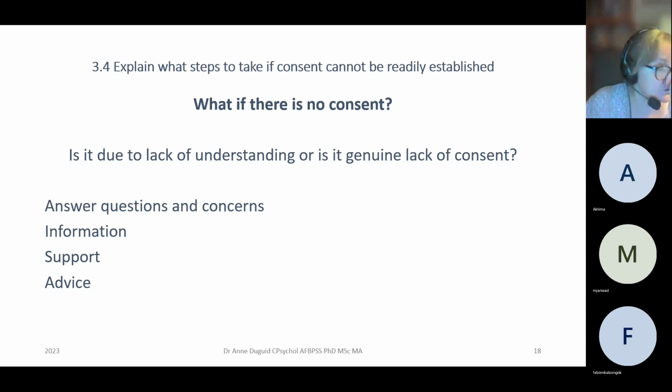And give advice. If they say to you, well, what should I do? I wouldn't be saying to them, well, if I was you, I wouldn't say that. I'd say, well, I do know of this situation, this client or this patient who had this, and this is what happened. Or I think maybe it would be a good idea if you spoke to the doctor and you wrote down the questions you wanted.